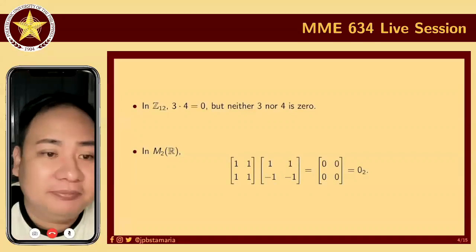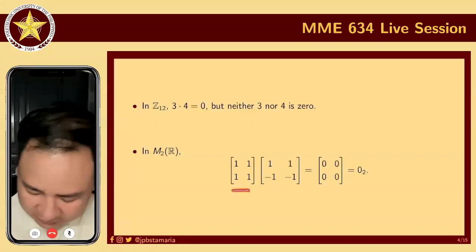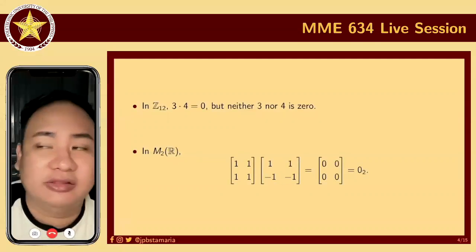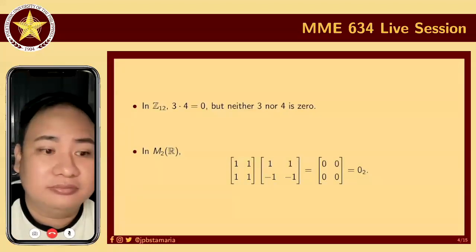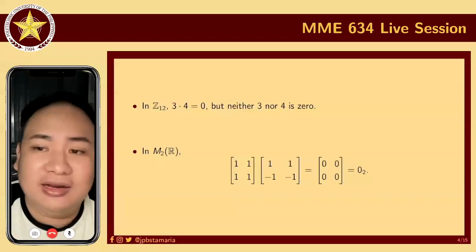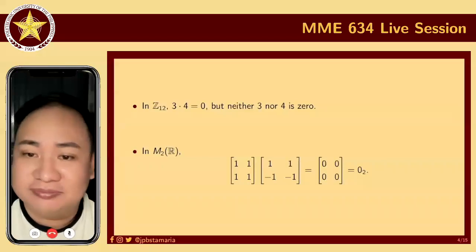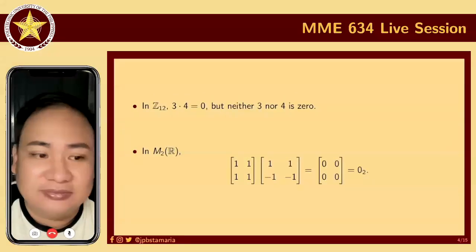Di ba? Itong matrices na ito are zero divisors. They are partners of one another. Do you understand? Ang tawag natin sa mga elements na hindi naman zero, pero kapag nag-multiply ka, nagiging zero, ang tawag natin din mga zero divisors. Do you understand me so far?